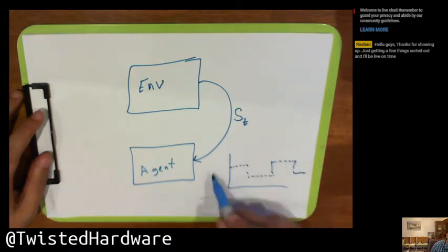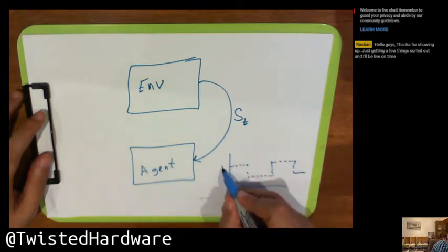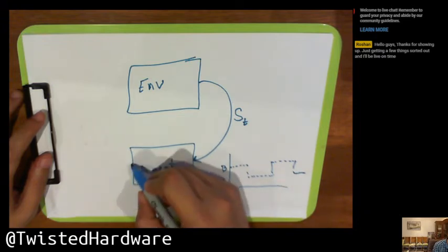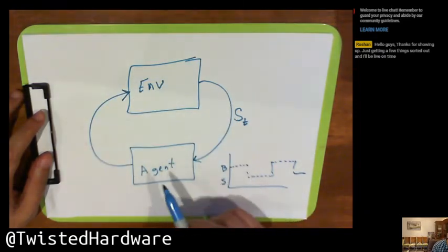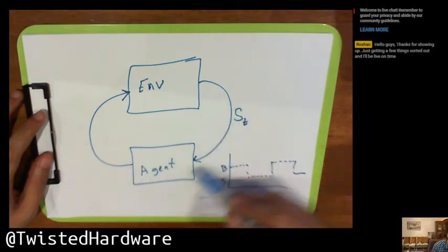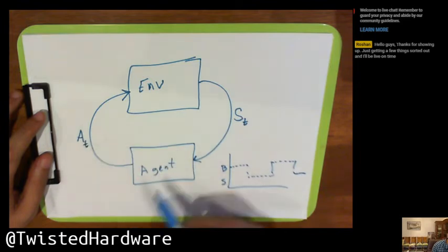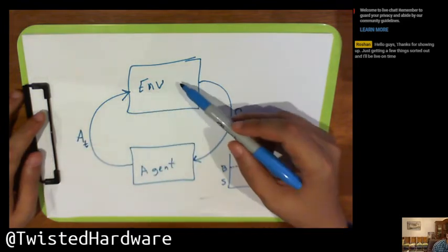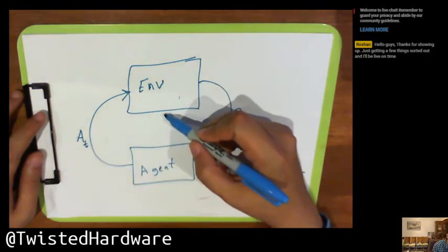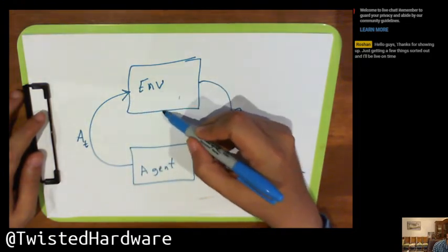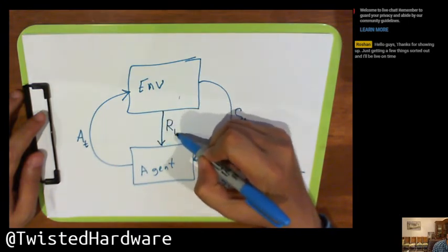So this action, which is buy or sell, the agent will decide based on some state. So action at time t. After we do this action, the environment will send back a reward at time t.